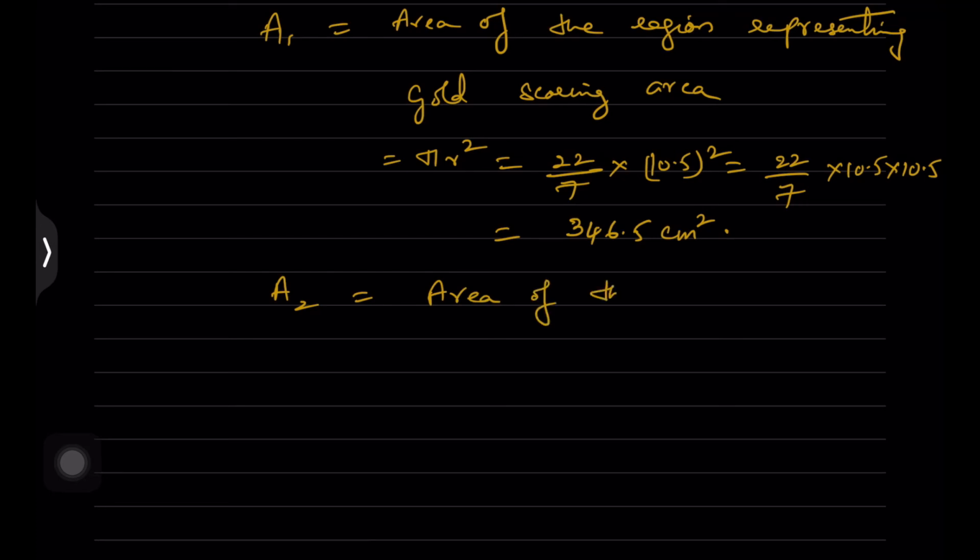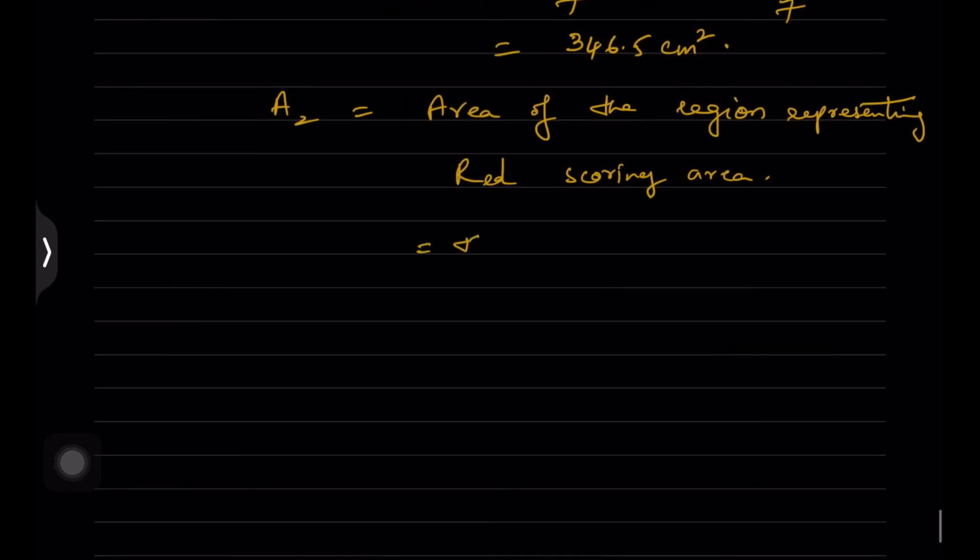Then A2 we will take as the area of the region representing the red scoring area. Only for finding the radius we took both of them, but for area, you know the radius for the red scoring area, so we can use that formula directly. It is equal to pi into 2r whole square minus pi r square, because we already calculated the gold part. In this red part you have a gold part, so you have to subtract it.